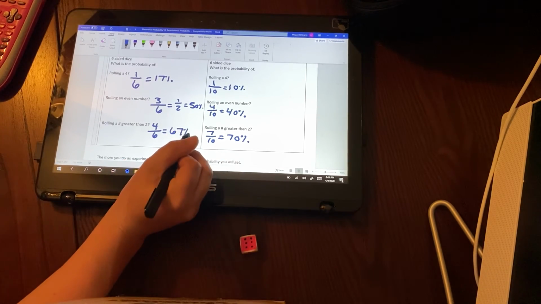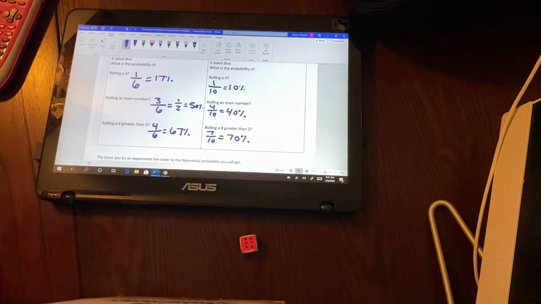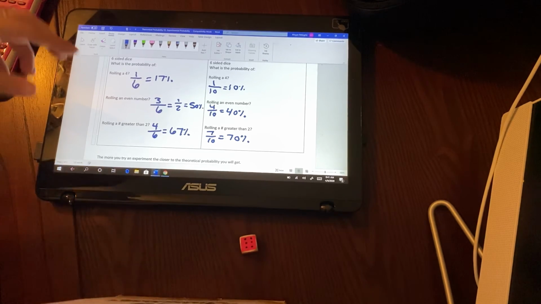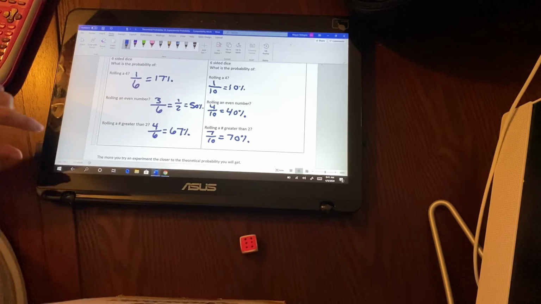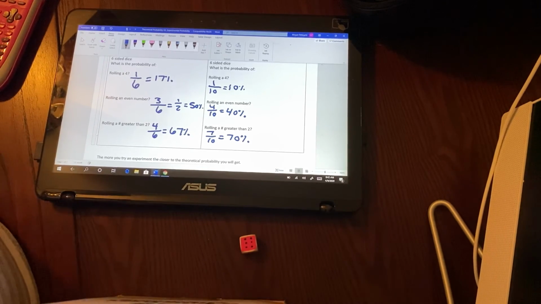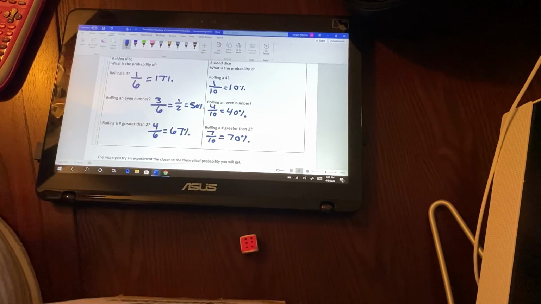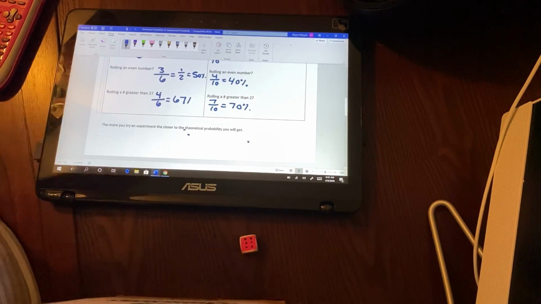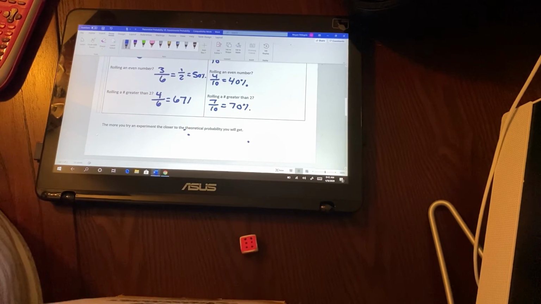Which is very close. So the more trials we do, the closer we will get to that theoretical probability, to a point where if we do enough trials, we could actually get that theoretical probability. The more that you try and experiment, the closer to the theoretical probability that you will get.